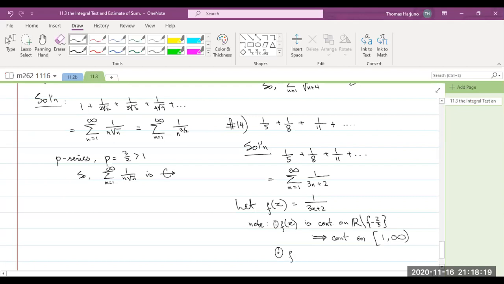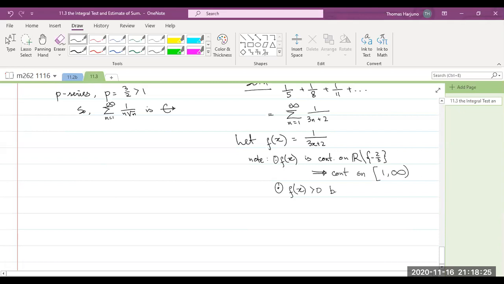Second, f(x) is positive. Why? Actually I should say f(x) is positive on 1 to infinity, because 3x plus 2 is greater than 0 on 1 to infinity. So the reciprocal is also positive. Now, how do you show that it is decreasing?